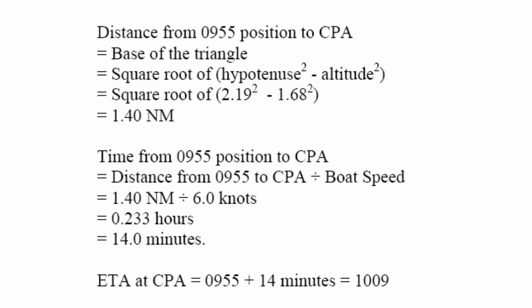So the time from the 0955 position to the CPA equals 1.4 nautical miles divided by 6 knots, our boat speed. And that equals 0.233 hours, and that equals 14.0 minutes.